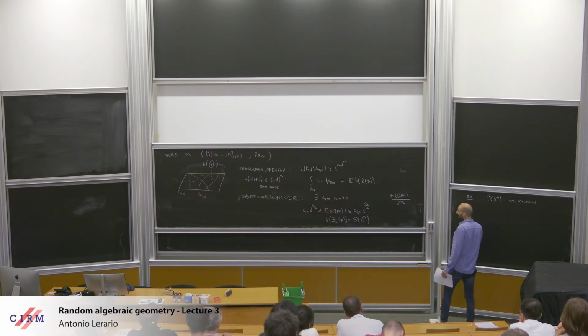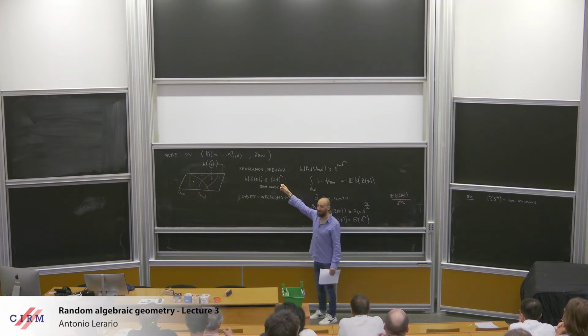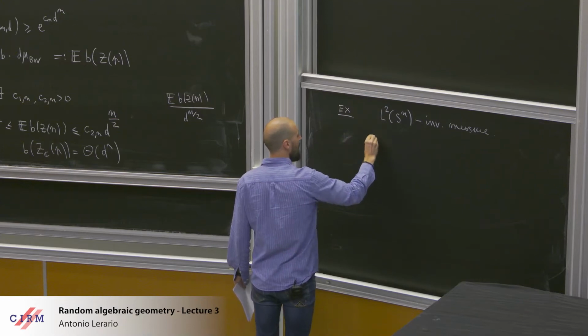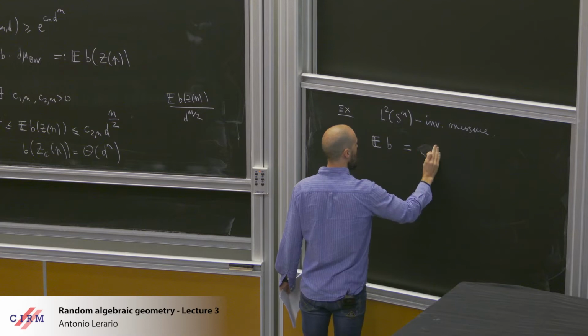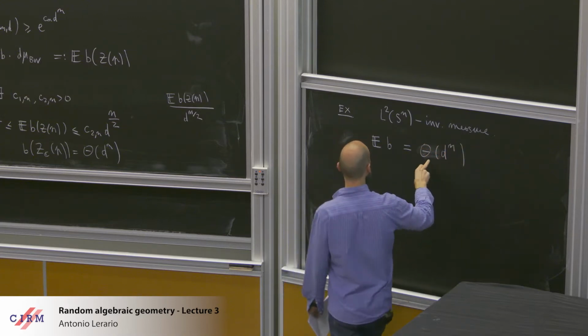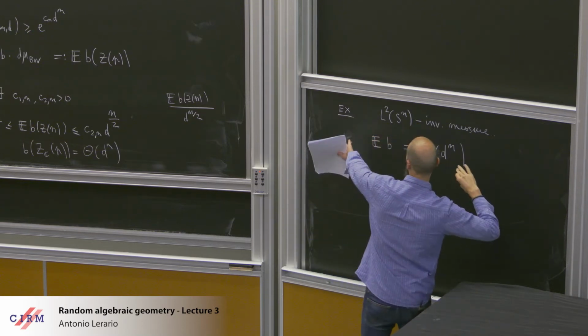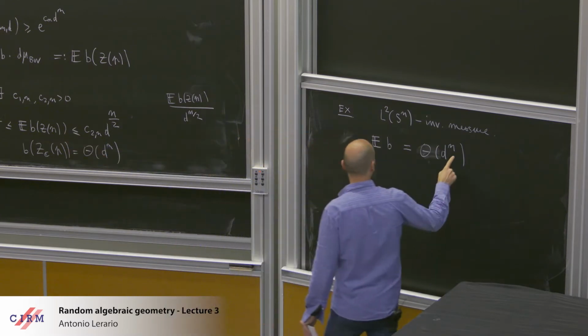And let me observe that the upper bound we don't need to prove, because it's already given by a deterministic upper bound. You just need to prove the lower bound. So here the expectation of b is of the order d to the n, and this means there are two constants, the same as I wrote here, with d to the n.